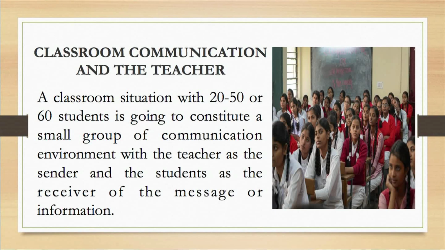In a classroom there is always scope for small group communication, and the environment is always a communicating process where the teacher is the sender of the message and the students are the receivers of the message. That means the information which a teacher teaches in the classroom, the students receive with their own mind. That is communication in the classroom process.